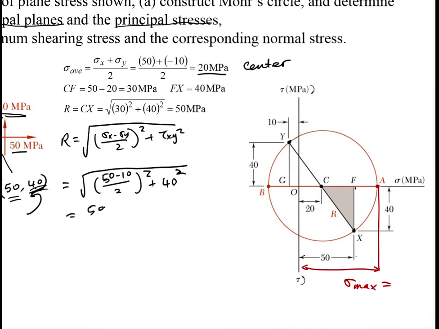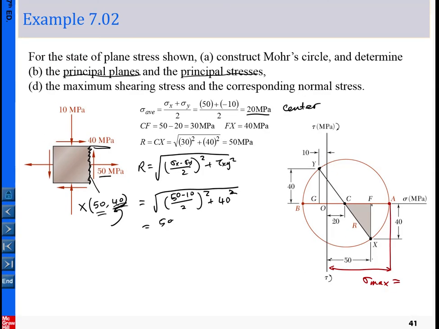From here, this is our radius 50, and this number is 20, determined by our center.